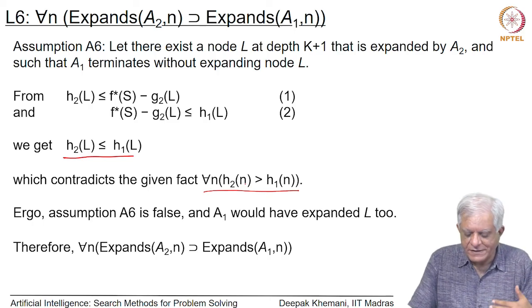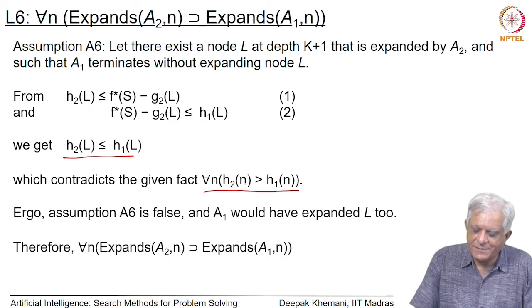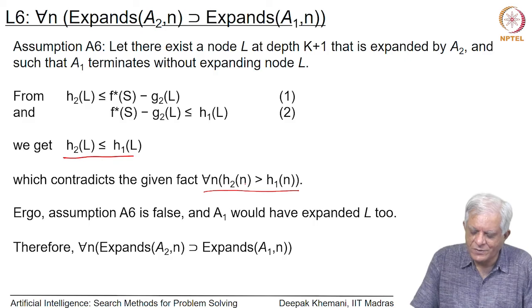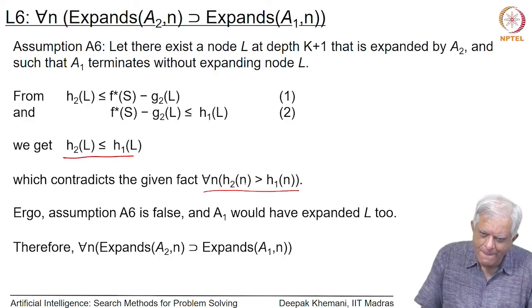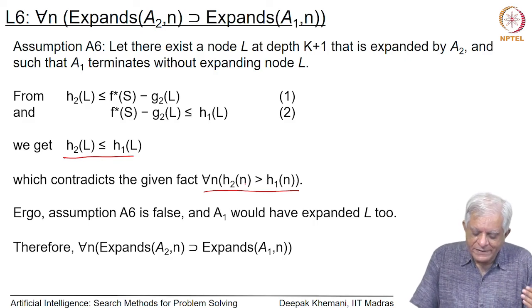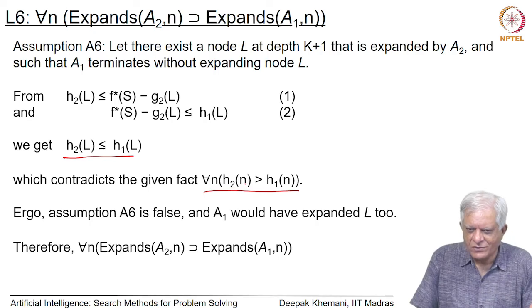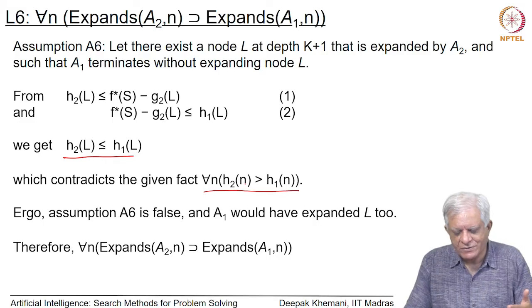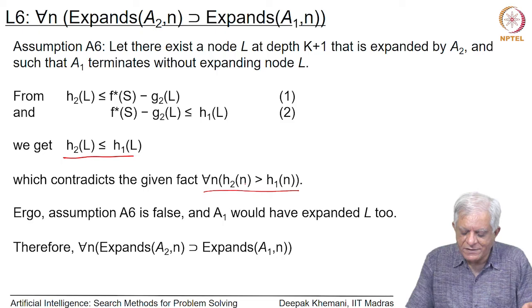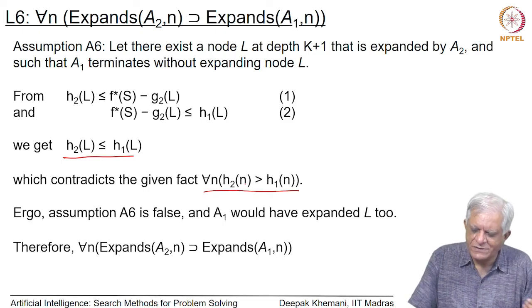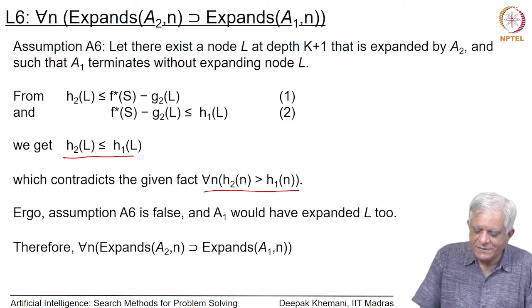Now, the principle of mathematical induction says that if we have shown that the statement is true for the base clause, which is true in this case trivially, because both algorithms expand the node S, and then if you assume the induction hypothesis, which says that this statement is true for all nodes up to depth k, which means that all nodes seen by A2 are also seen by A1 up to depth k, and then we showed that it must also be true for all nodes at depth k plus 1, because L was some arbitrary node that we chose at depth k plus 1.